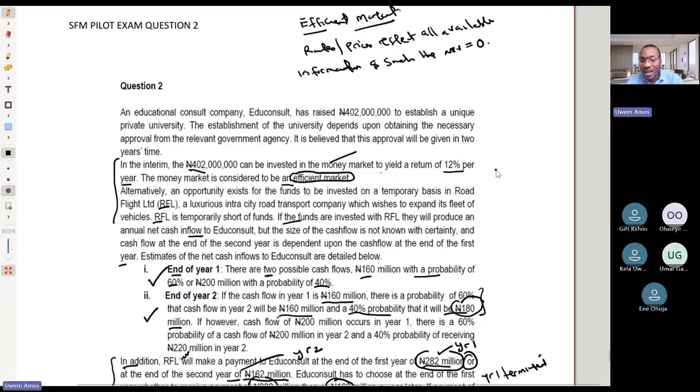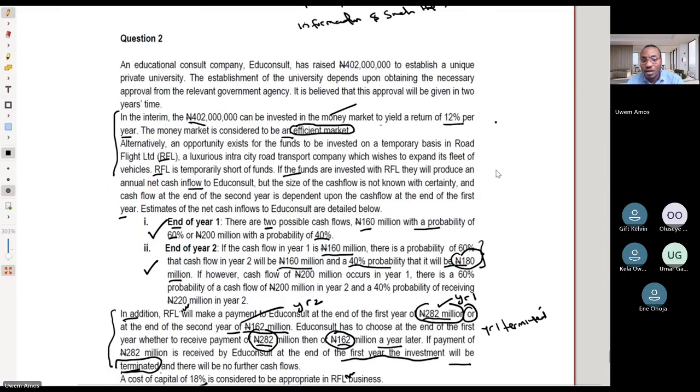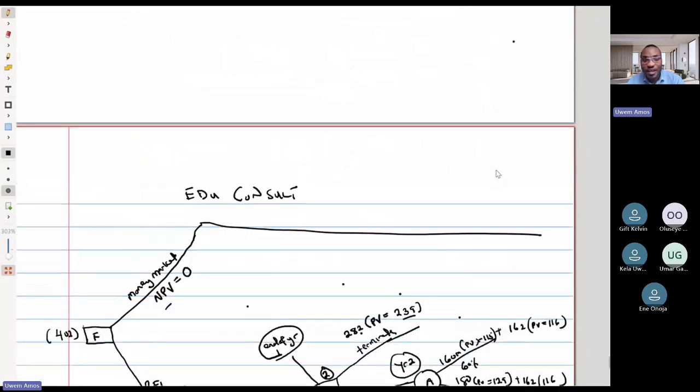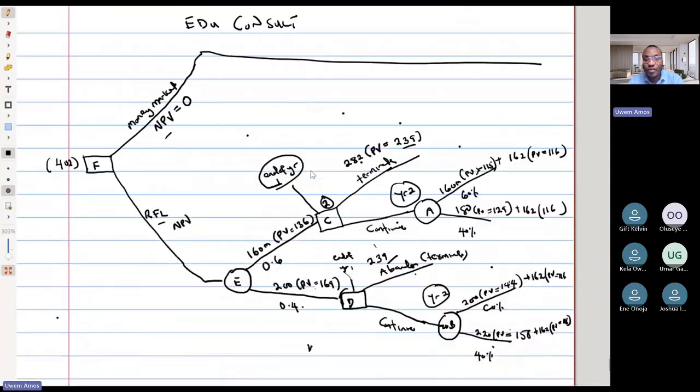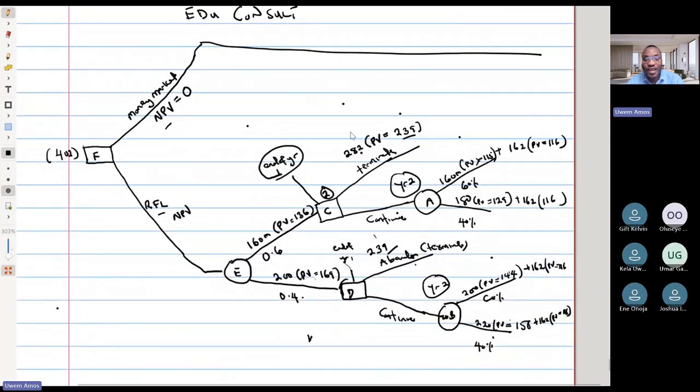In our previous class, we began by drawing what the question requires, that we show the fully annotated decision tree. So we did draw that out in our previous class, and this is what we have right here. So any question from the decision tree?